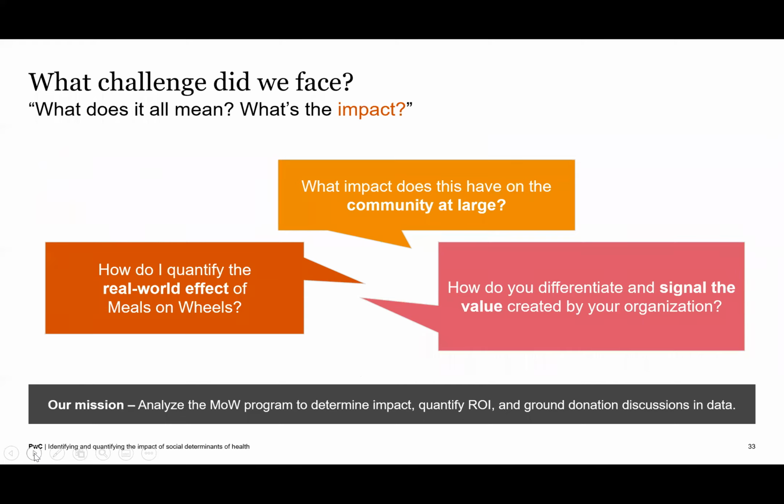Using technology, using Body Logical, we simulated the health impact that Meals on Wheels has, and we quantified what this means in the larger health economy. Through these ROI calculations, VNA can then use this data to ground their donation discussions with current and future donors. Next slide.